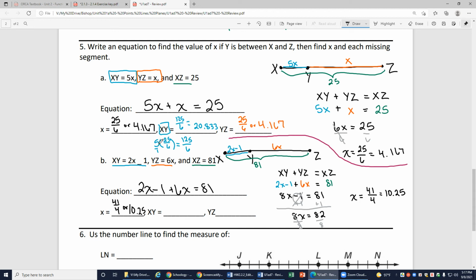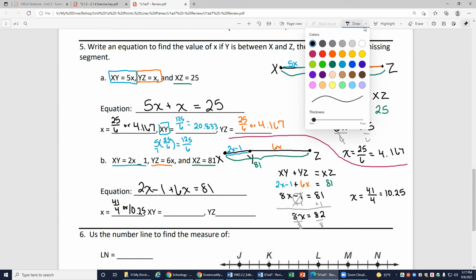Okay, so if you have a nice terminating decimal, there's nothing that keeps going and going, then go ahead and use that when you plug it in if you'd like, as opposed to the fraction. But if you don't have it, it's good to use the fraction just to eliminate some of that rounding error.